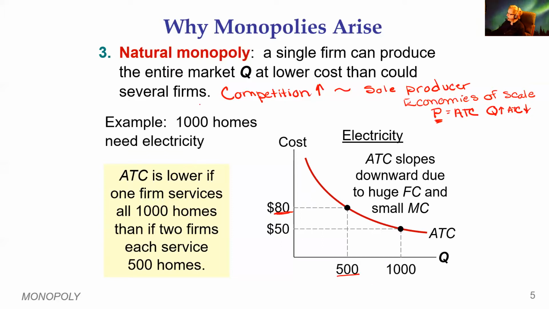So the idea of reaping from the economies of scale says, hey, as our quantity increases, our average total cost decreases. And so therefore, with something like electricity, then it makes sense to create barriers to entry, not allow everyone to get into this market, because everyone would have to produce less and the price would go up.